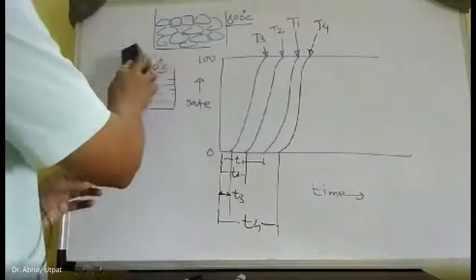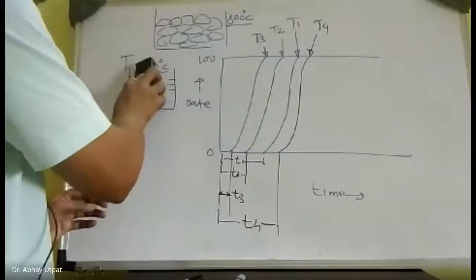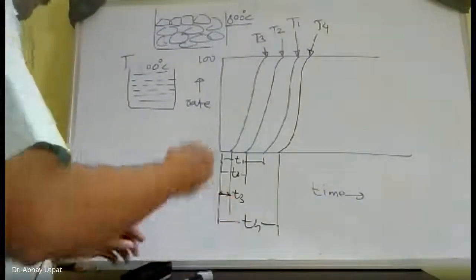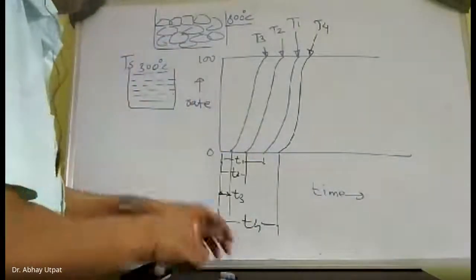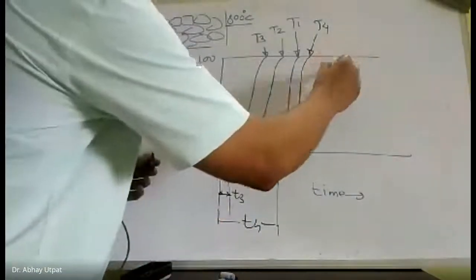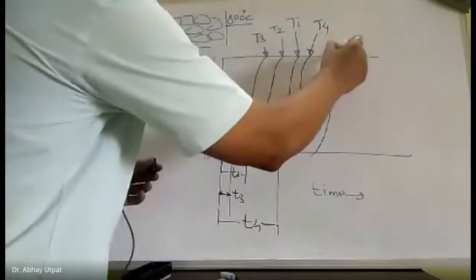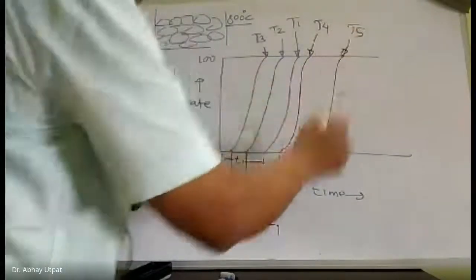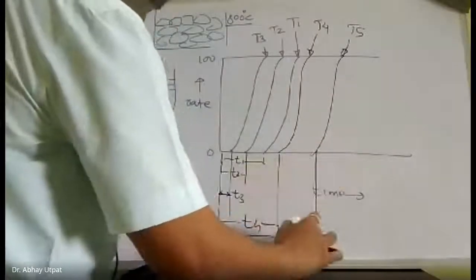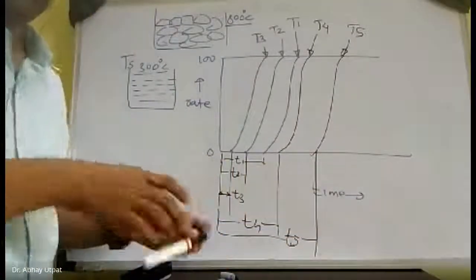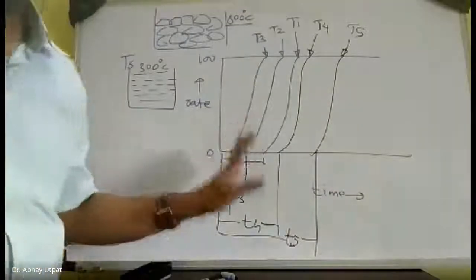Same experiment if I carry out for 300 degrees Celsius, I got T5, and this is T5. Up to this you draw.